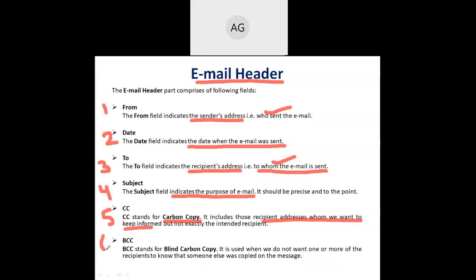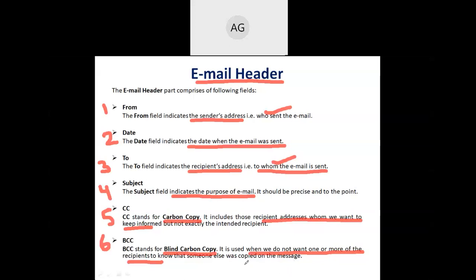The sixth part is BCC. BCC stands for blind carbon copy. It is used when we do not want one or more of the recipients to know that someone else was copied on the message. Basically, BCC is used when we do not want to disclose to the person in the To field and the CC field that we are going to send this mail to other recipients also.